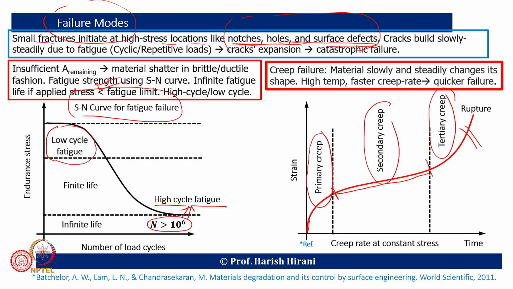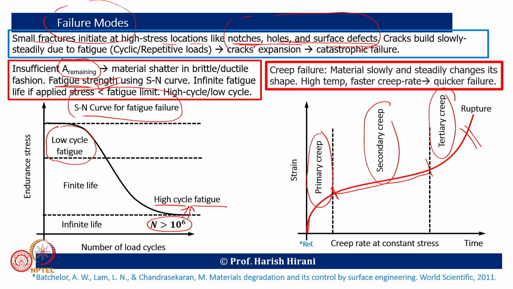Now, why do we really require a fatigue SN curve? It helps us figure out the fatigue strength. If we do an experiment, the fatigue strength can be determined where the failure will occur, because there is a continuous decrease in cross-sectional area because of cracks or expansion, and necking formation will happen in tensile stress.